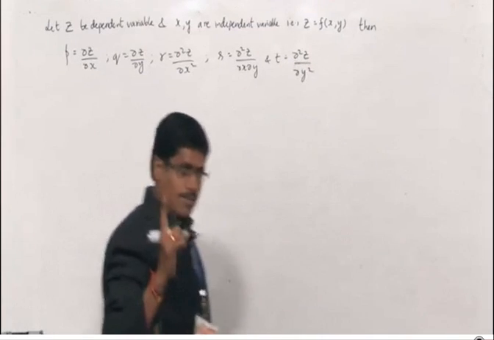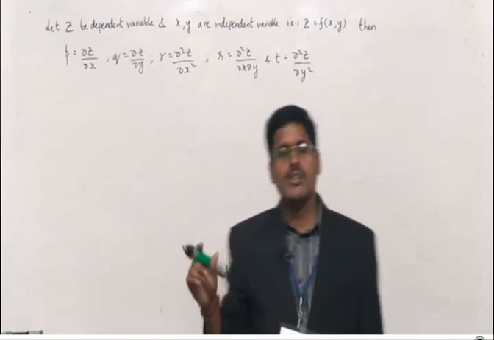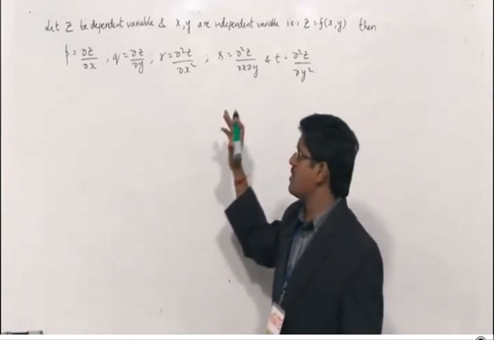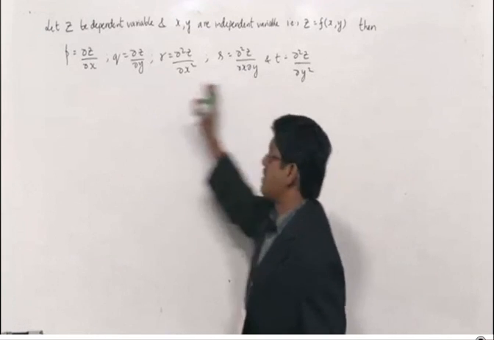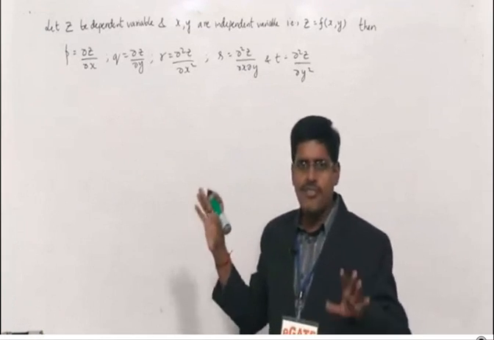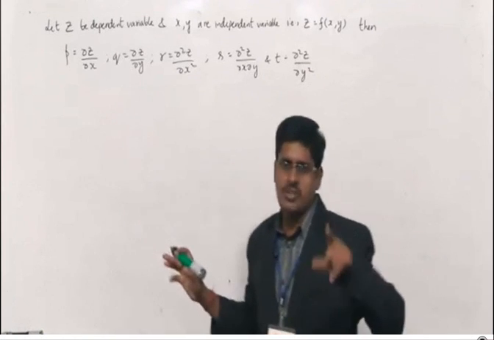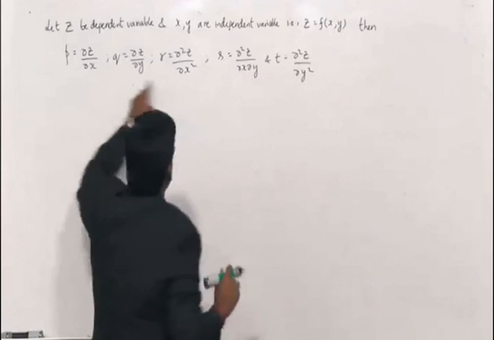So whenever x and y are independent variables, and z or u or f or any other function is the dependent variable, these five letters in alphabetical order are adopted as notation for the first and second order partial derivatives: p, q, r, s, t.